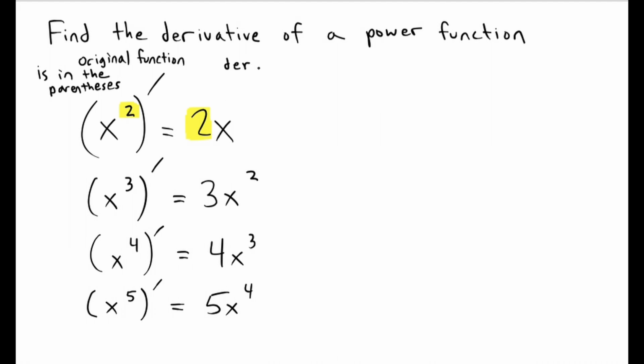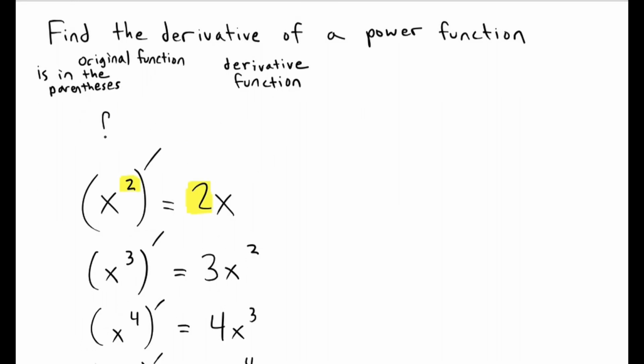What you get on the other side is the derivative function. So this one is f of x, and you're taking a derivative of it. And over here, what you have is called f prime of x.